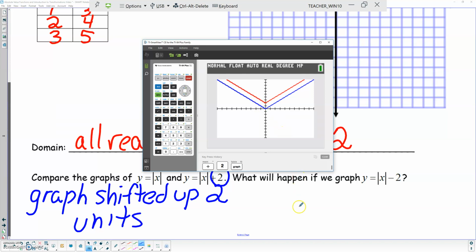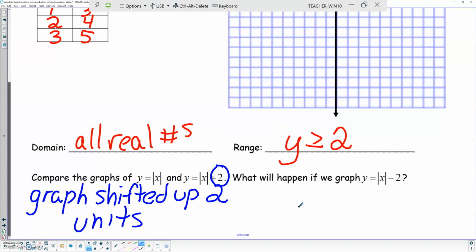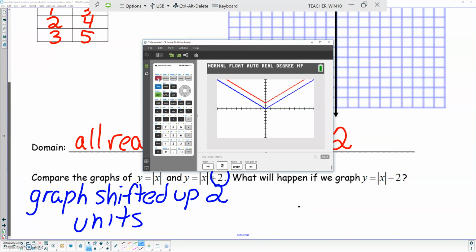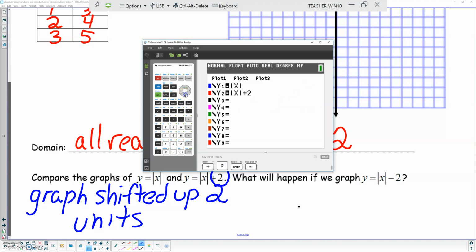Okay? So now on your paper, it says what will happen if we graph y equals the absolute value of x minus 2? Well, we can look at that on our calculator. So in y3, I'm going to graph the absolute value of x minus 2.